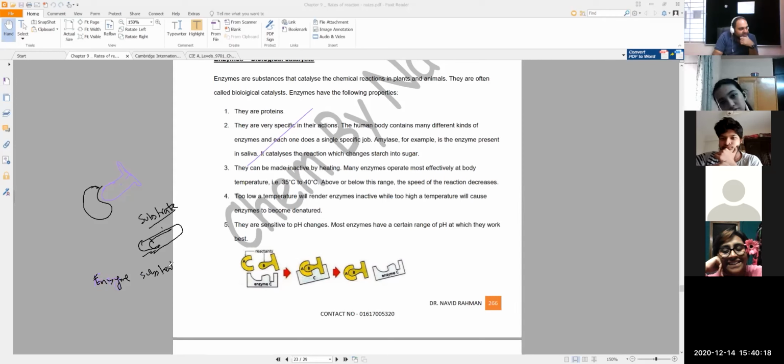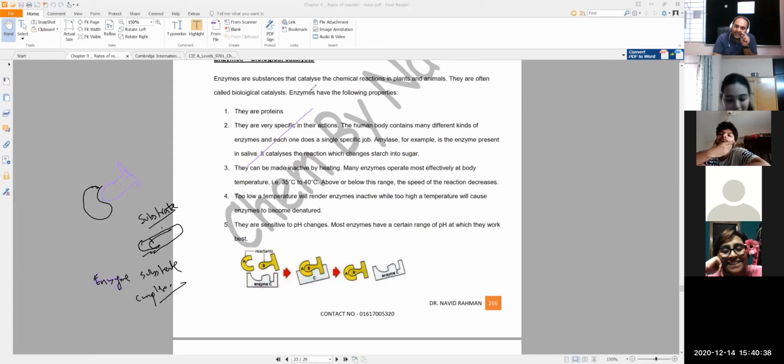Enzyme substrate complex. So in the old days they used to think of this as a lock and key hypothesis. If you want to open up a lock, you need the exact key for that lock, right?